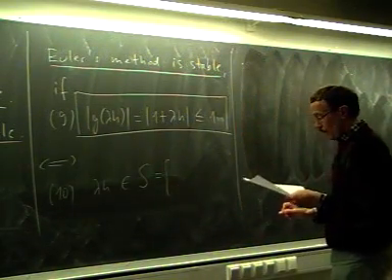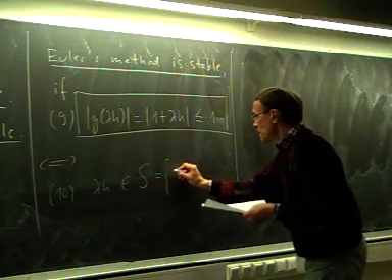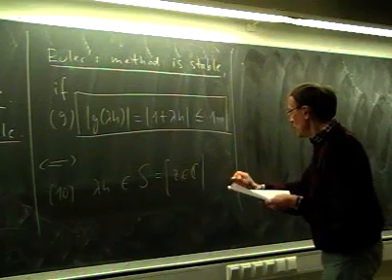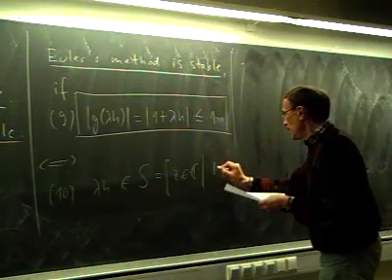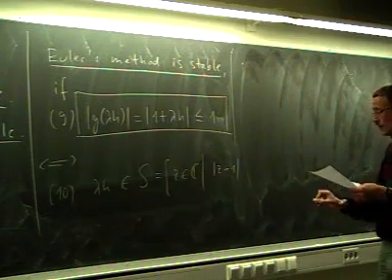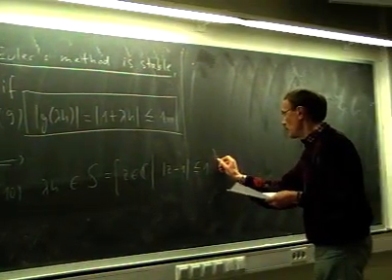And for Euler's method, it is the domain consisting of all the complex numbers z for which the absolute value of this number plus 1 is smaller than or equal to 1.